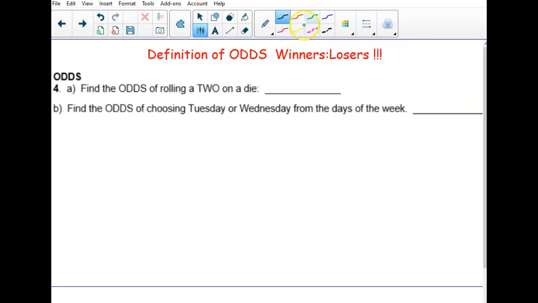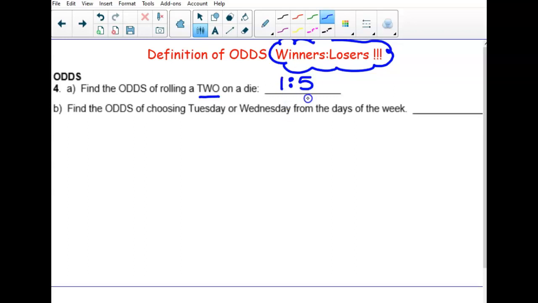All right, odds is on there, and I feel like we haven't reviewed this enough. Make sure you write yourself a note to know that odds means winners to losers. So what are the odds of rolling a 2 on a die? How many 2s are there that are winners? How many 2s on a die, guys? 1. How many losers? 5.